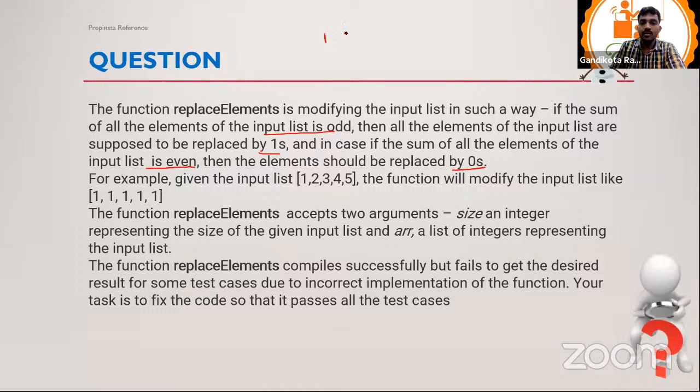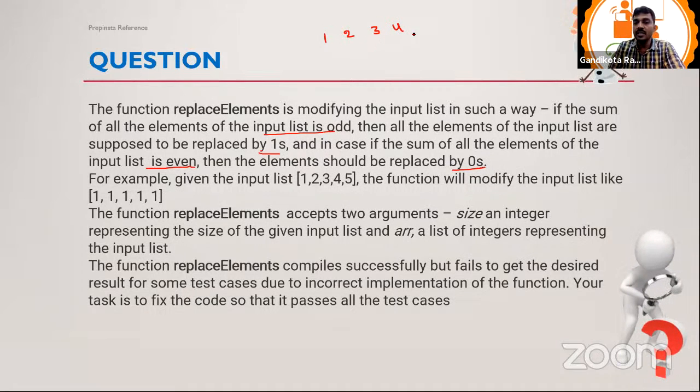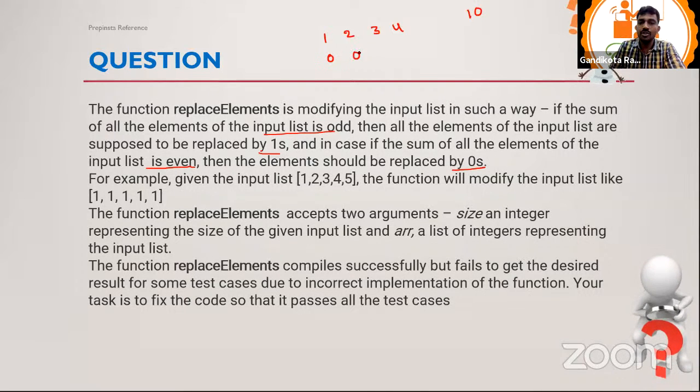See, they have given 1 2 3 4. So what is the sum here, ma? 10, right. Is 10 even or odd? Even. Right, so even means I have to replace with which digit, 0 or 1? 0. Then this list is converted into 0 0 0 0.